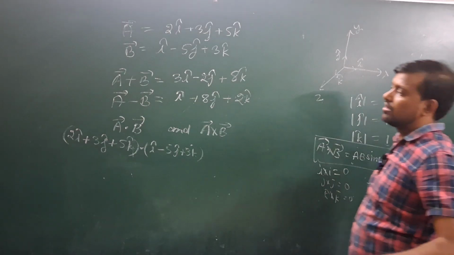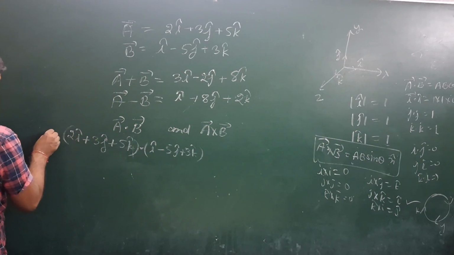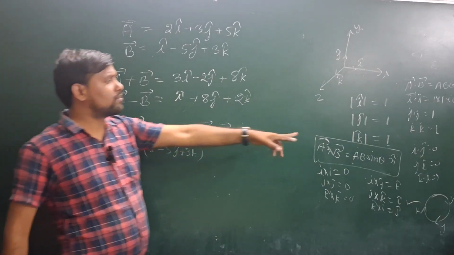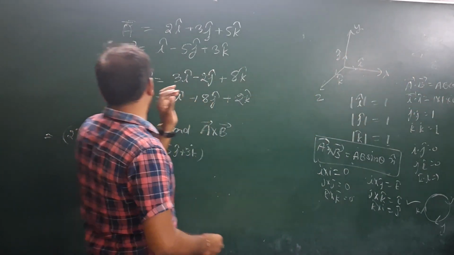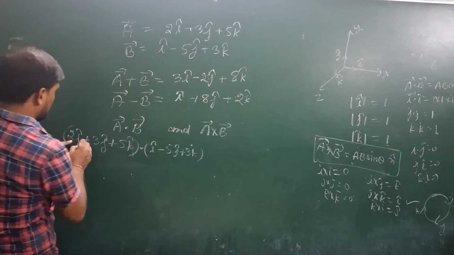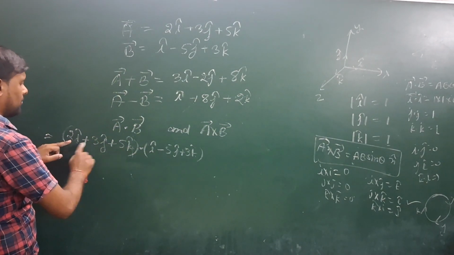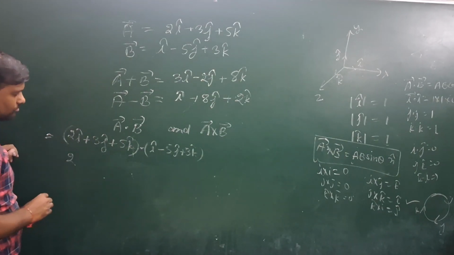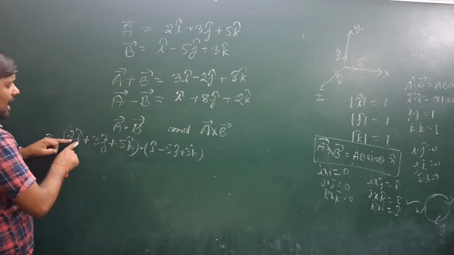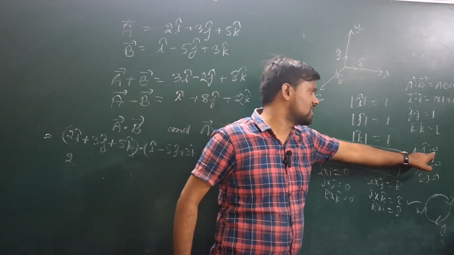Now, the product of these quantities can be written as follows. We know that the dot product of the same unit vector becomes 1. That's why 2i multiplied by I becomes 1 and we get only 2. While if you multiply I with j, we get 0 because the dot product of different vectors is 0.